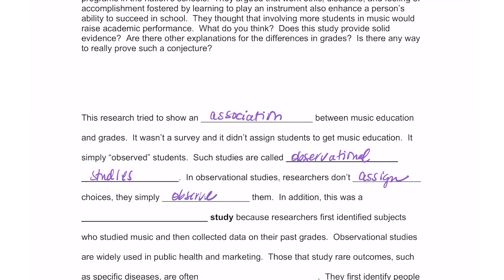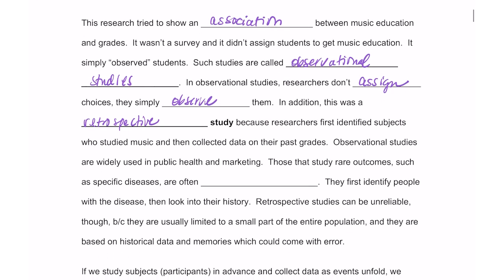In addition, we have what's called a retrospective study. Essentially, in a retrospective study, researchers identify subjects, like in this case, who studied music, and then collected the data on their past grades. Observational studies are widely used in public health and in marketing, and those that study rare outcomes, such as specific diseases, are often retrospective.